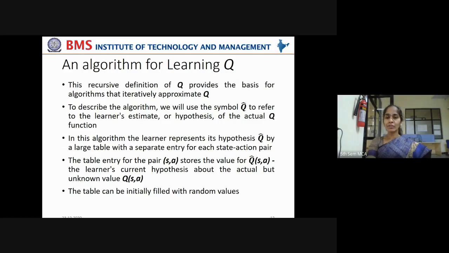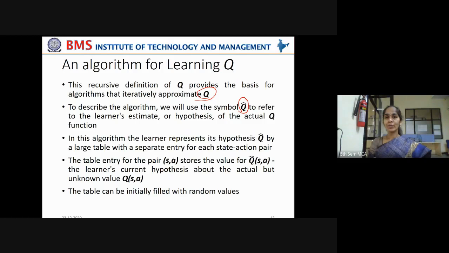This recursive definition of Q provides the basis for algorithms that iteratively approximate Q, iteratively calculate the evaluation function Q. Now, to describe the algorithm, we will use the symbol Q cap instead of Q. Why do we use cap? I told you already.